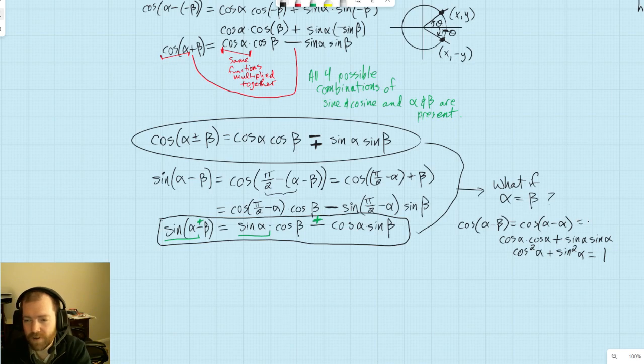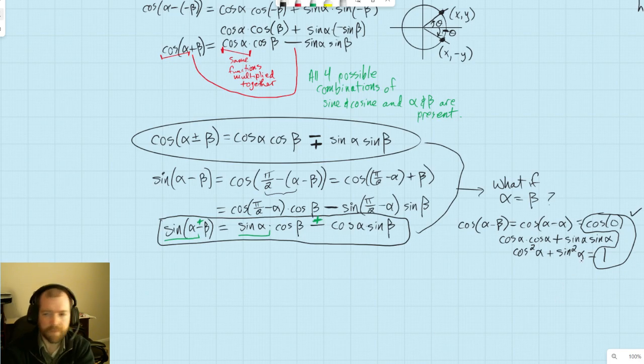Right? But then up here we say that cosine of alpha minus alpha is the same as the cosine of 0. So the cosine of 0 is equal to 1 is true. Right? Those are equal to each other. So we're good there. That's why it's not a proof of the Pythagorean identity. It's a double check that you got your formula right.